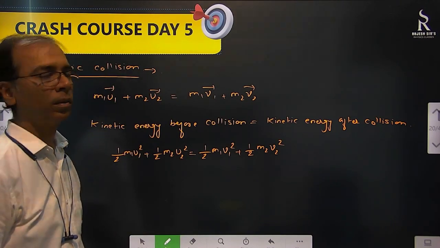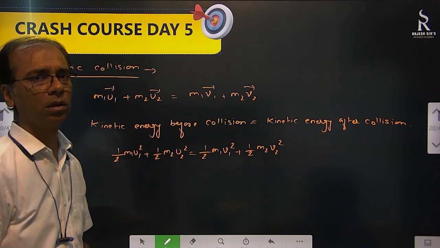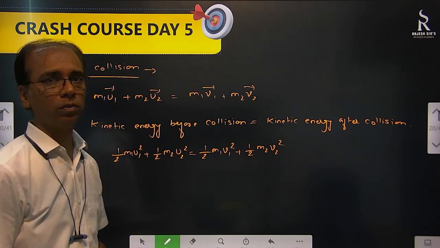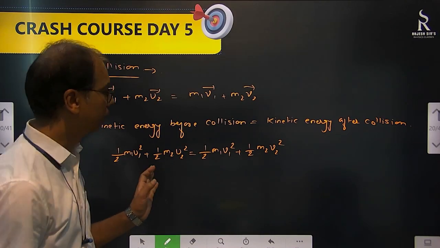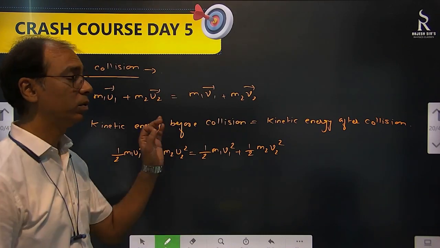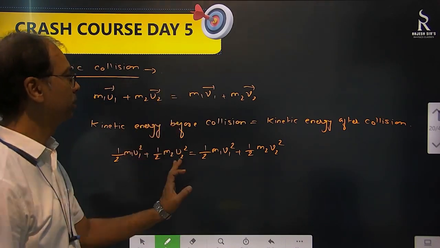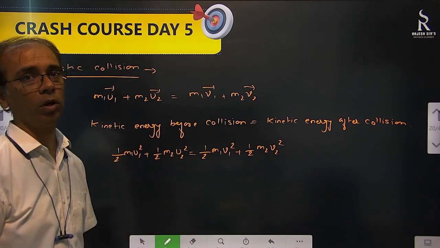Both are there. And based on these two, what type of question will be asked from elastic collision? They'll ask you either V1 or V2, or maybe both. U1, U2 will be given to us, V1, V2 they'll be asking us. So in this case, we have to remember a formula. This is all concept as far as momentum is concerned. We have to remember the formula.